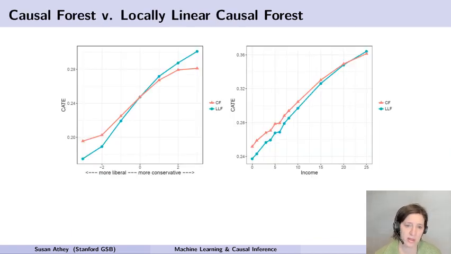Actually, before I do that, let me also show the difference between a causal forest and local linear forest in the example of the General Social Survey, where there was the randomization of the treatment. Remember, the treatment was, do you ask about assistance to the poor versus do you like welfare? And what we see here on the x-axis is how liberal or conservative you are on the left.